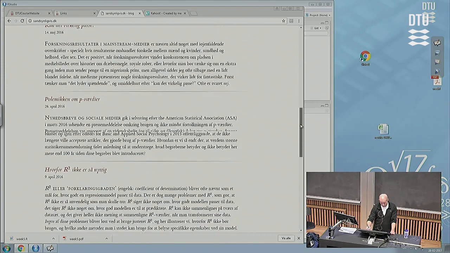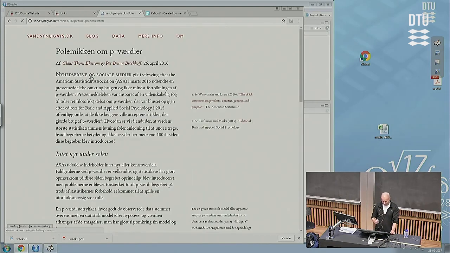Is it really true? And then also in Danish, there's this story about p-values, a joint blog with Klaus and myself. A really interesting place to go to become vis, which is the Danish word for wise, V-I-S.